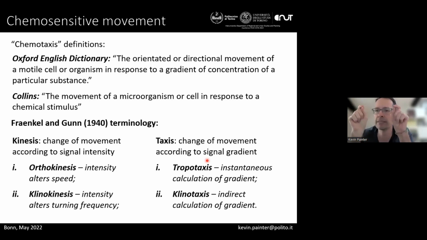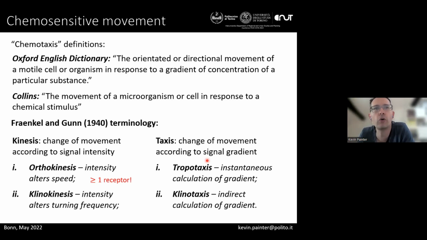In other words, you calculate the concentration at one point in time, at one point in space. You move somewhere else, and you calculate the concentration there. So you're effectively calculating the concentration at two space points and two time points, and then you compute the spatial gradient from that.